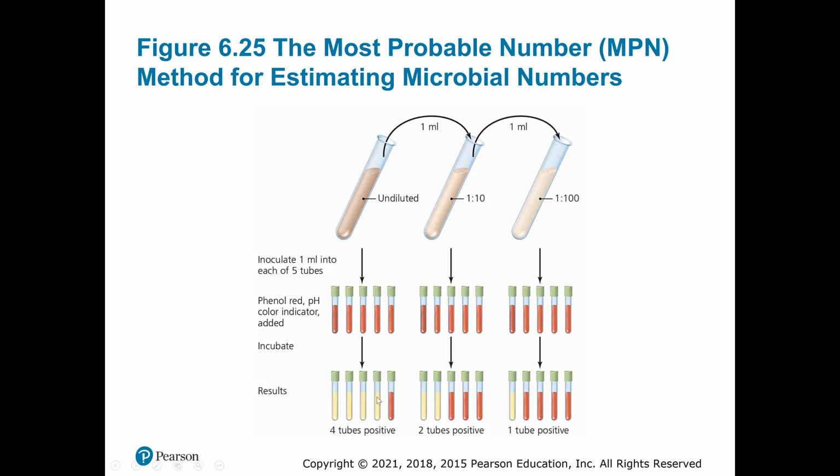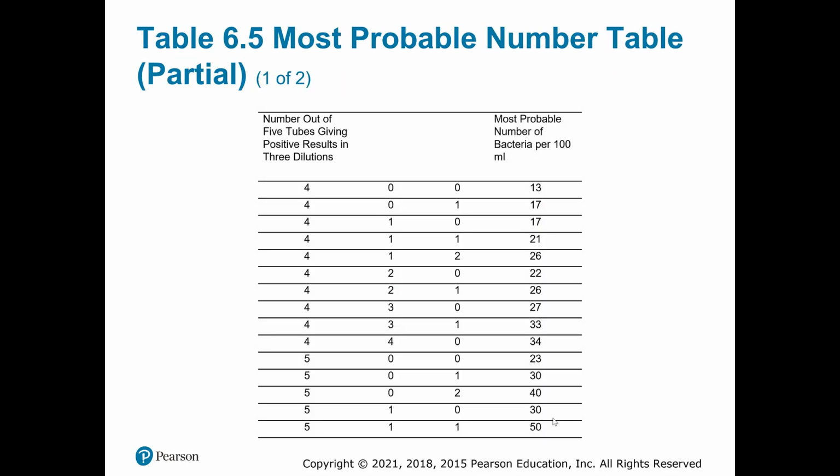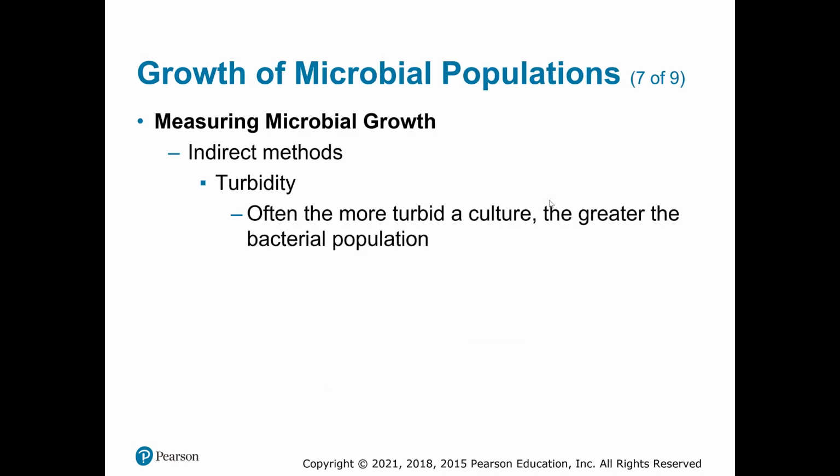And then you might see a color change, and the pattern of the color changes. How many yellow tubes do you have versus how many red tubes do you have? That has already been figured out by somebody else. You look at the pattern, and that will tell you how many bacteria are probably in 100 mils of your sample. No calculations necessary.